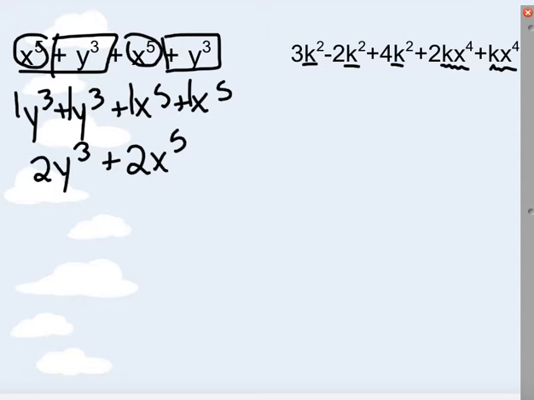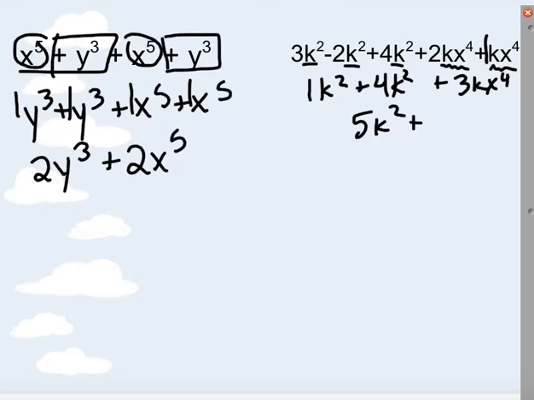So let's add those k squareds. 3 minus 2 is 1k squared plus 4k squared, which is 5k squared. And then we have 2kx to the fourth plus 1kx to the fourth is 3kx to the fourth. So we have 5k squared plus 3kx to the fourth. And that's all we can do, because those are not like terms.